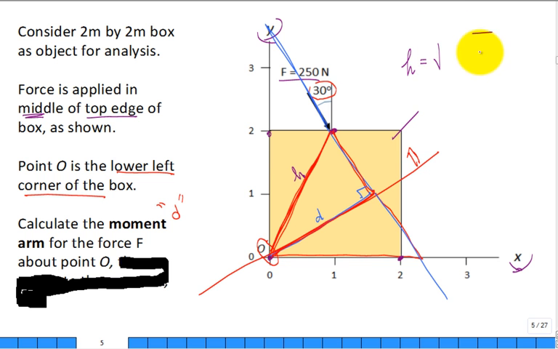Square root of 1 squared plus 2 squared, square root of 5. So that's the distance between the point of application and O, but we want the moment arm, which is D. So what is D now in terms of that?